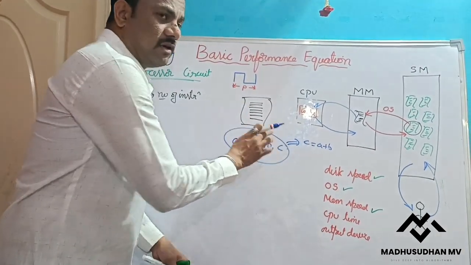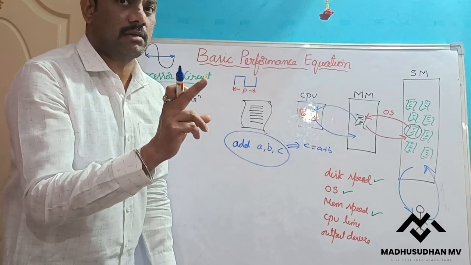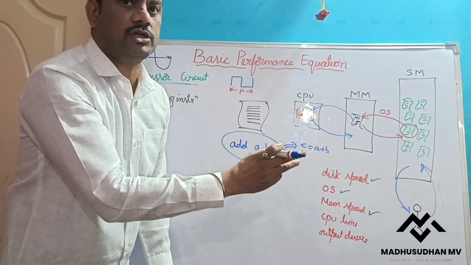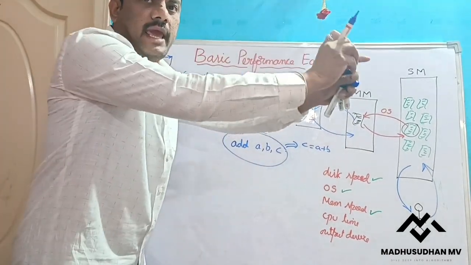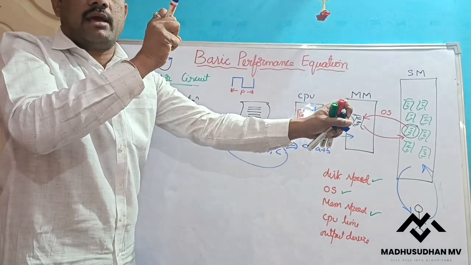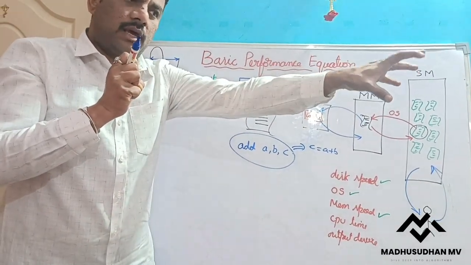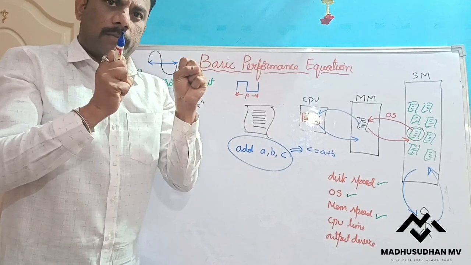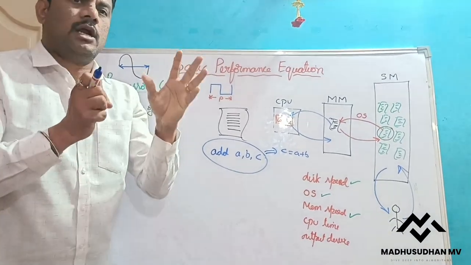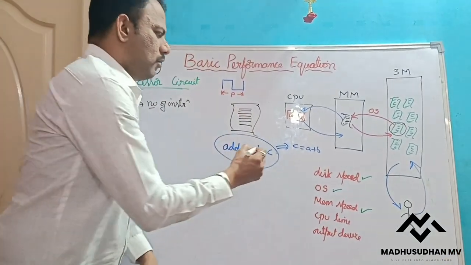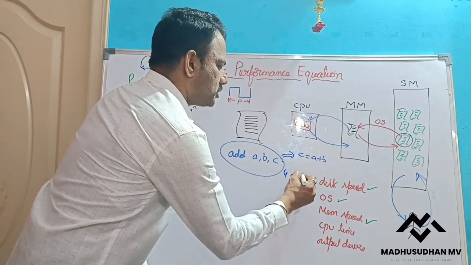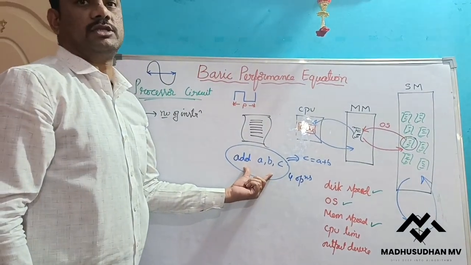A, B, C are variables, which are nothing but names given to memory locations. First it goes to the address A and fetches the value stored in A, one operation. Then similarly, go to location B, get the value of B, two operations. Add, this is the third operation, and store the result in C. So totally we need 4 operations to do this one instruction.